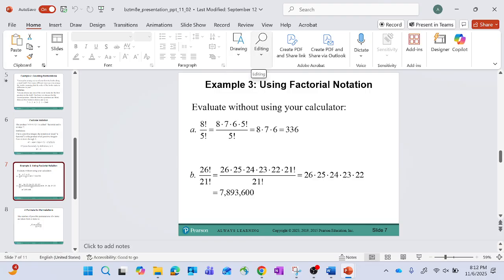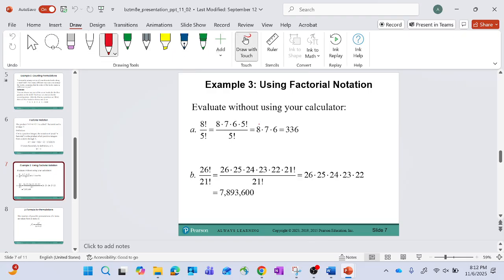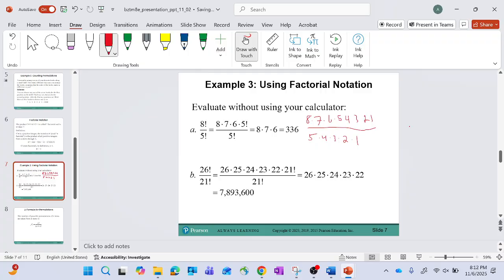The top is 8 times 7 times 6 times 5, 4, 3, 2, 1. And the bottom is 5 times 4 times 3 times 2 times 1. That's what's happening here. When you multiply it, all of these cancel out. You're just left with 8 times 7 times 6, or 336. Are we fine with that?